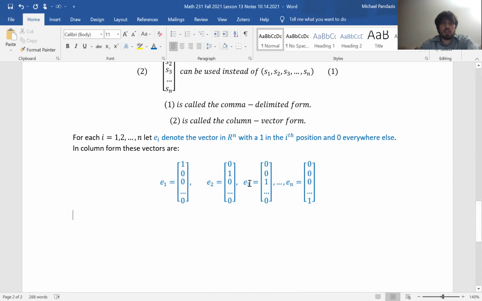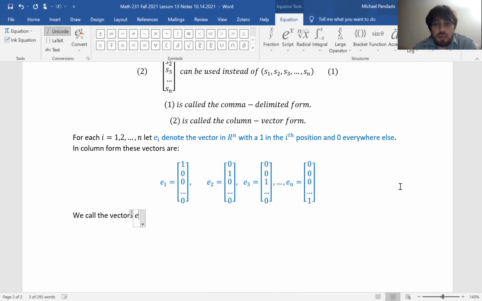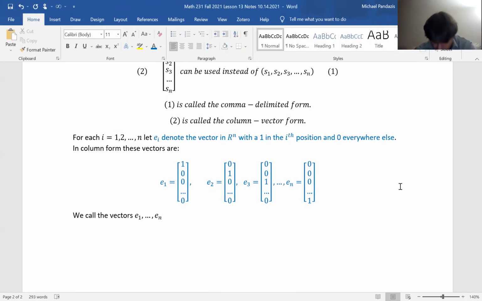So we're going to let the e i's, e1 to en, be those vectors. We call e1 to en, all of them together, the standard basis. Sorry, we call each one a standard basis vector for Rn.